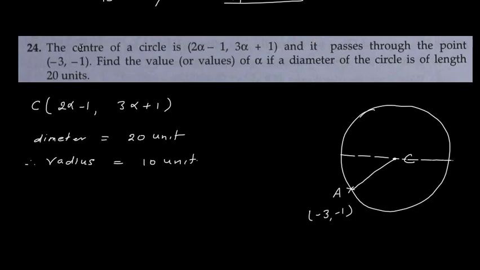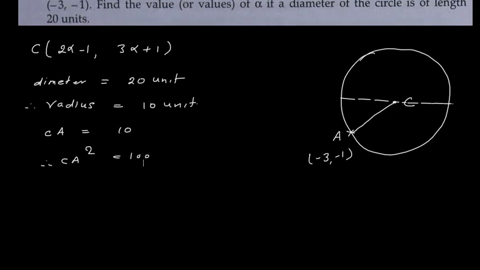And I have this CA. CA is the radius, so CA is 10, and therefore CA square is equal to 100.